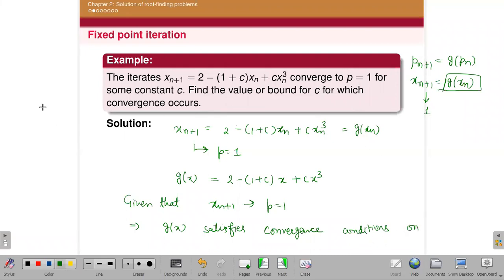Here you can see, if I take any general interval, then our fixed point will lie in this interval. So it means p equal to 1 will lie in that interval. If I take the number line, it is 0, it is 1. You can take any interval in which our 1 lies. So you can take any neighborhood of 1 also. I can write it as 1 minus delta, 1 plus delta. You can take 0 to 2 also, whichever 1 lies in. So I am taking a general interval, that is 1 minus delta, 1 plus delta. This is a neighborhood of 1.